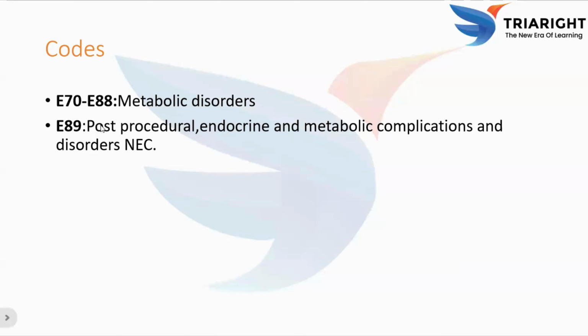Then E89, post-procedural endocrine and metabolic complications and disorders not elsewhere classified. This section includes complications that happen after medical or surgical procedures involving endocrine glands or metabolic systems. These are called post-procedural disorders. For example, post-procedural hypothyroidism.